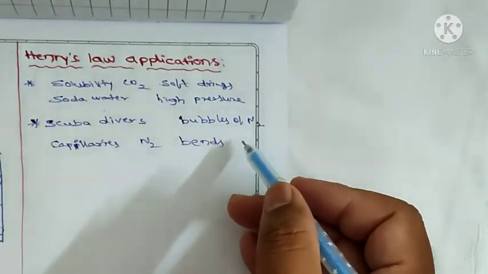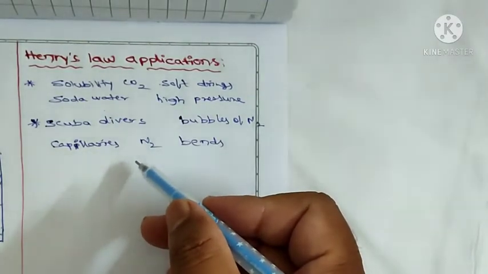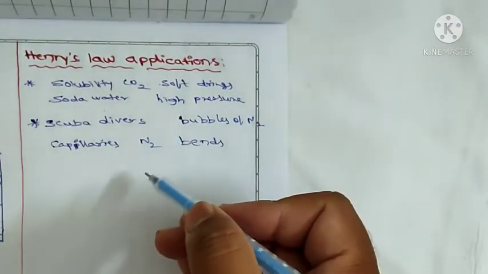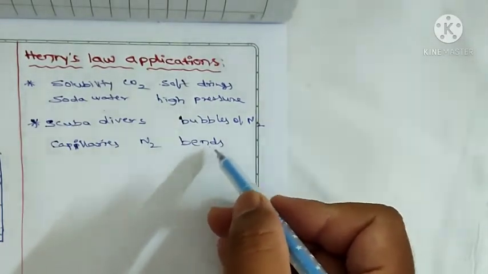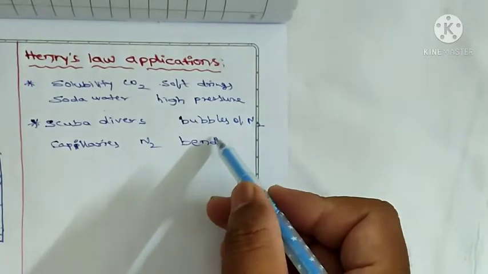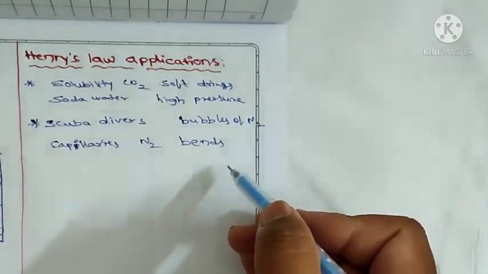So those N2 bubbles block the capillaries, and the creation of bubbles of N2 in the blood is called bends. And this formation of bends is dangerous to life.